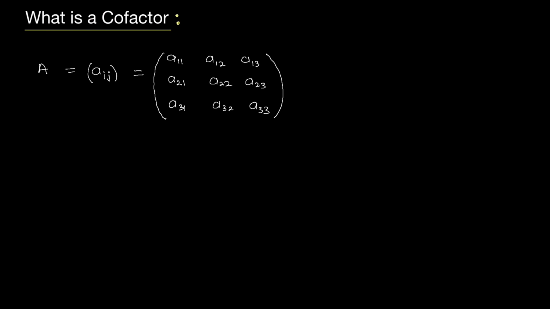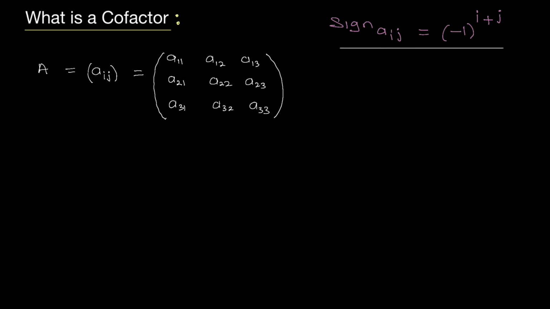What is a cofactor? First of all, we have a matrix Aij in brackets. Every element in a matrix has its own sign, and that sign is worked out from the formula here. So for A11, that would be (-1) to the power 1 plus 1.